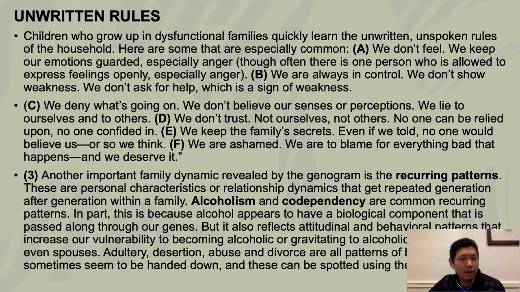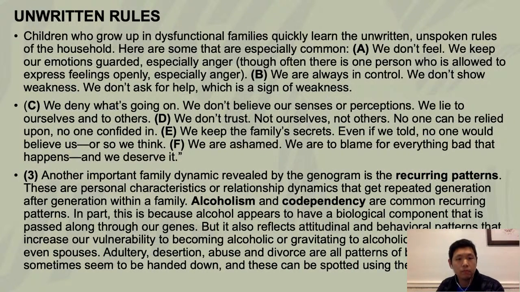Chuyan, if you could read number 3 for us. Another important family dynamic revealed by the genogram is the recurring patterns. These are personal characteristics or relationship dynamics that get repeated generation after generation within a family. Alcoholism and codependency are common recurring patterns.